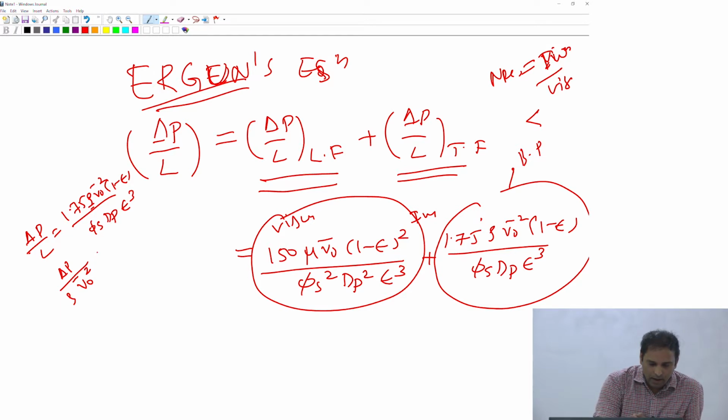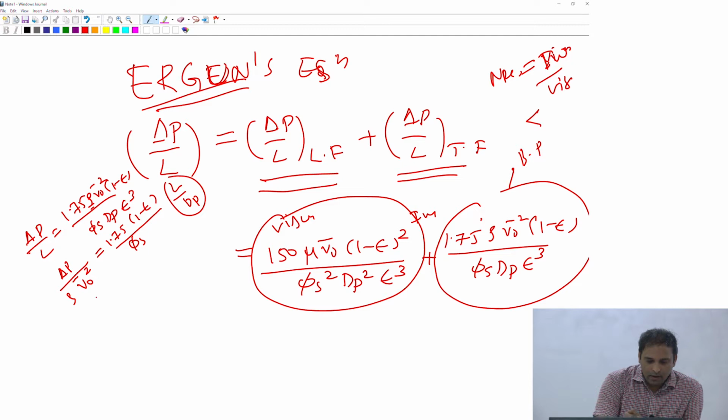That is equal to 1.75 into (1 minus epsilon) divided by phi s. I'm going to take L to the other side and write it as L by dp.